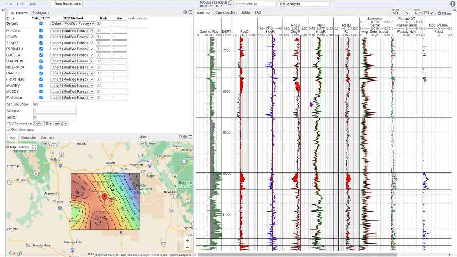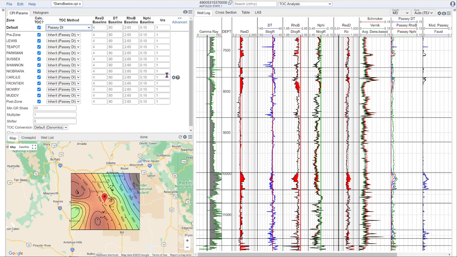Okay, so now that we've got that set, let's take a look at some of Passey's other methods. So let's take a look at his overlay method. So you may have heard about delta log R or D log R. Well, that's the overlay method for the sonic log. But we're also going to be looking at this for both neutron and density. The concept is the same in all of these.